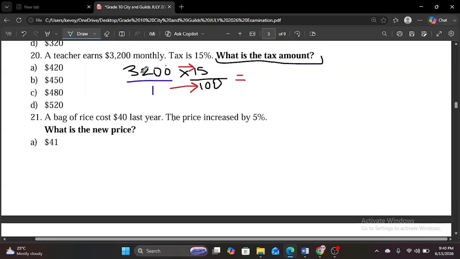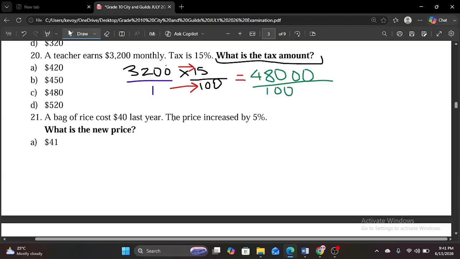So after multiplying 32 times 15, that's going to be equal to 480. And you add your 2 zeros. So it's going to be 48,000 all over 1 times 100, that's gonna be 100.